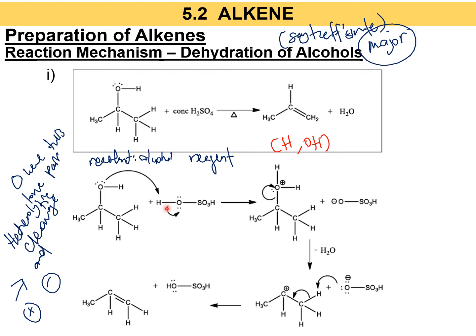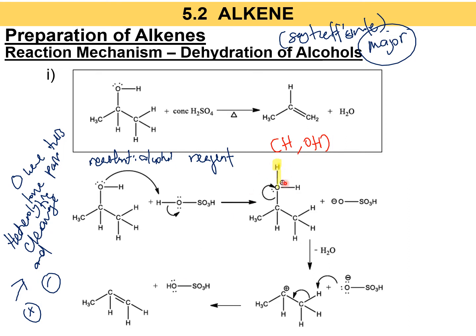And then dia pergi kepada this oxygen sebab dia nak buat heterolytic cleavage kat sini. Therefore, bila H dengan O ni break up, oxygen ni attack H ni sebab dia nak ambil hydrogen ni. So that's why you ada new bond. You can see here ada new bond kat sini.